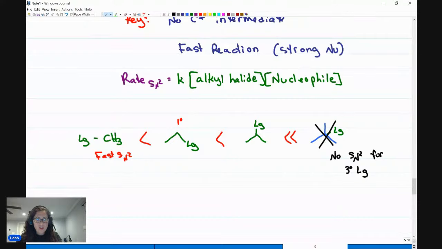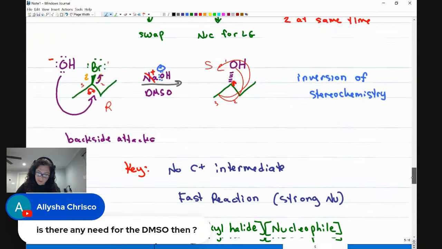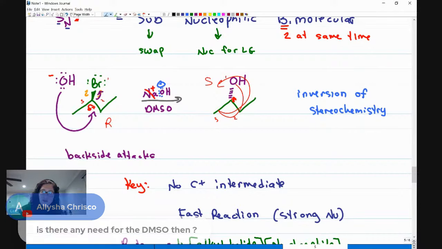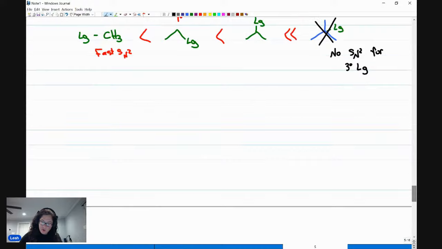Another question I caught about the solvent. Eddie, perfect timing. Is there any need for the DMSO? That is a very good question. Notice that I gave you DMSO here, and yes, that is really, really important. SN2 reactions will typically have a polar aprotic solvent.